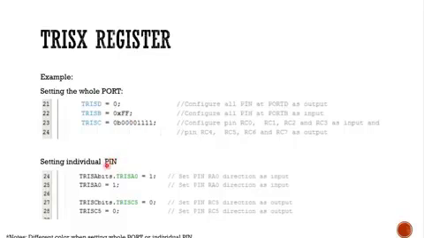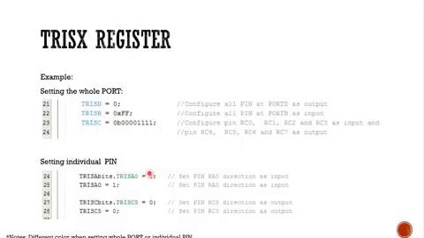Okay. So another configuration setting here, you can see, means that we want to set only a single pin. Right now we are using port A, port A bit 0, so A0. So right now we are using TRISA0. This means that we want to set port A bit 0 as input.